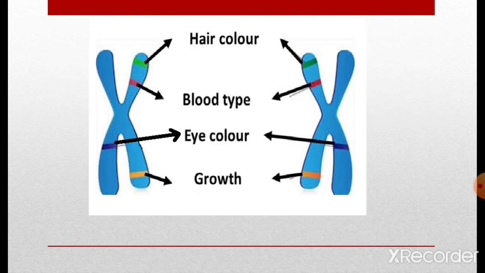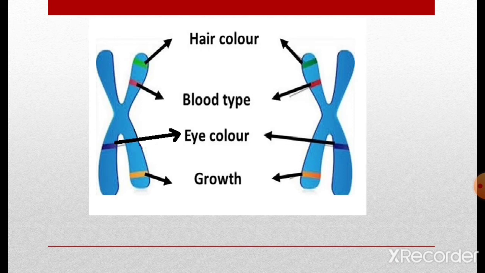In this figure, we can easily identify two homologous chromosomes, and there are four different alleles which are present on both homologous chromosomes. The top position green color strip is the gene or allele for hair color. The red strip is the gene or allele for blood groups or blood type.